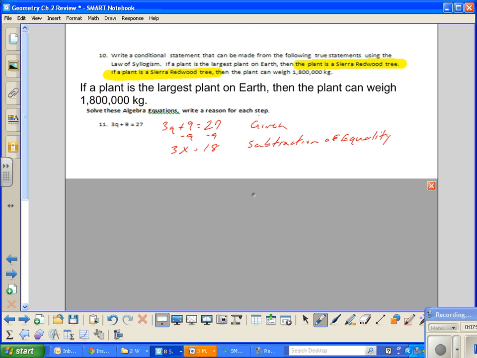And then from there we need to divide both sides by the 3. So 18 divided by 3 is going to leave us with q equals 6. So the property that we used there was the division property of equality.